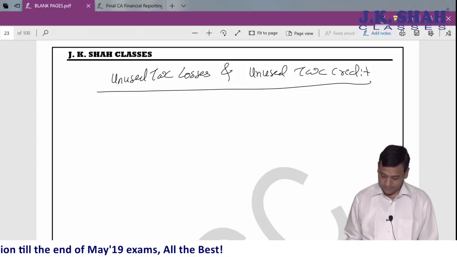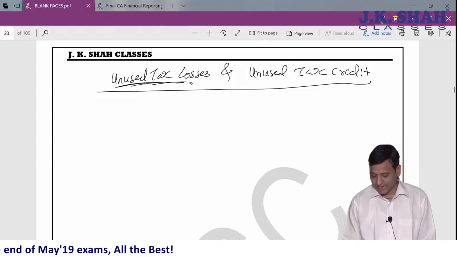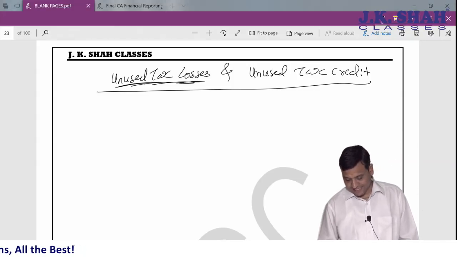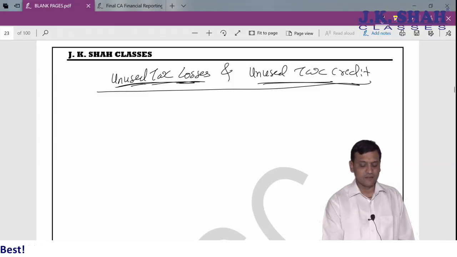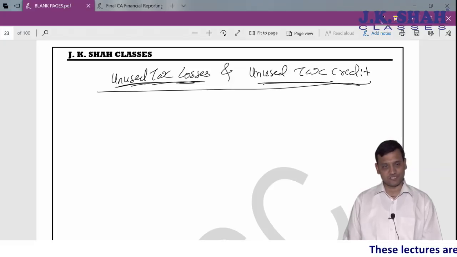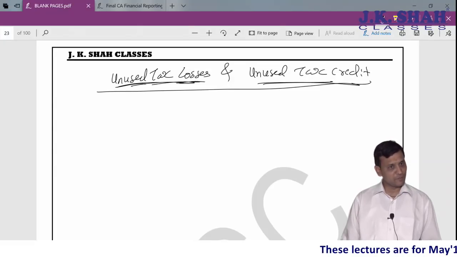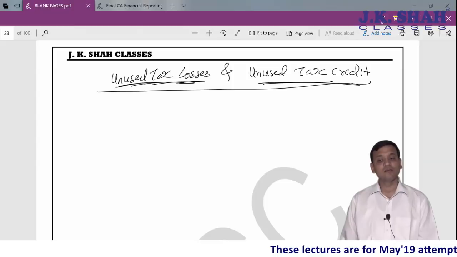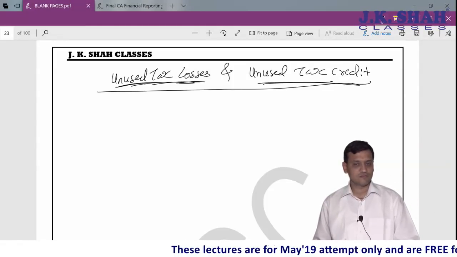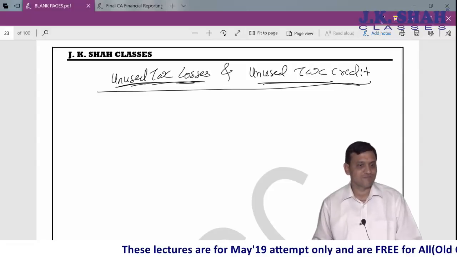That is nothing but unused tax losses. Say, unused tax credit. Now what is unused tax credit? Unabsorbed depreciation. You have unabsorbed depreciation. Do you remember what is unabsorbed depreciation? The amount of depreciation is more as compared to the amount of profit available.